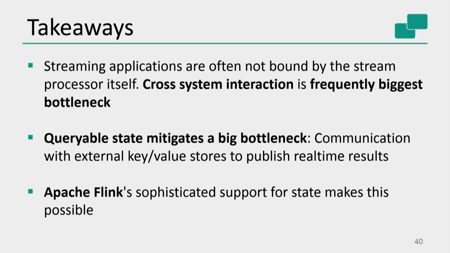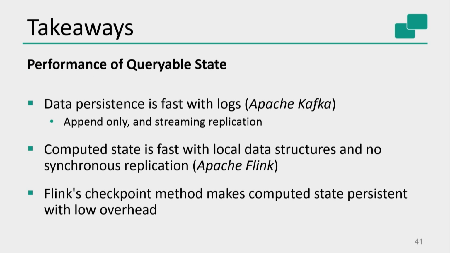And Apache Flink has very sophisticated support for state, which makes it possible and performant to add this. About queryable state itself, the secret sauce behind why it's fast is that data persistence is very fast with distributed logs like Apache Kafka, which is because it's a specialized thing, right? It's append only, it's streaming replication and everything. So this is just making a sequence of events durable without also making the view you compute over them durable.